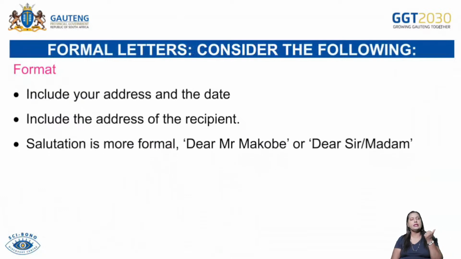Then the next thing is you obviously are going to greet that person. So you're going to do it in the formal way. For example, like Dear Mr. Makoe or Makobe, or you're going to say sir or madam. Now, there again, your teacher will guide you on the most appropriate salutation to use there. That's it. That's formal. Please don't say, hey, how's it, to the person.